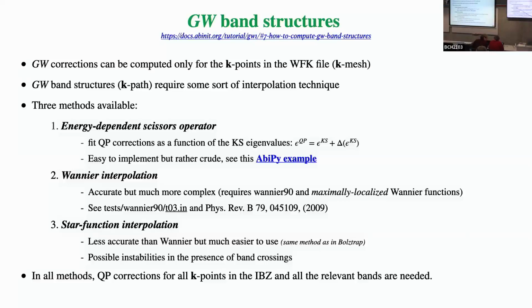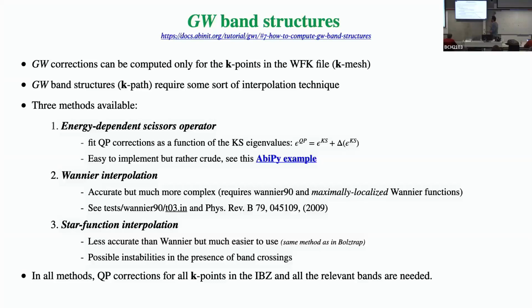You can use Wannier interpolation. I'm not entering into detail, but everything is explained in this article here. It's very accurate. The problem is that you rely on maximally localized Wannier functions, and there are systems in which obtaining maximally localized Wannier functions is not trivial. Another approach is based on star function interpolation.